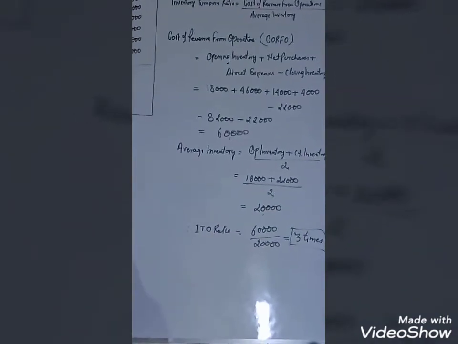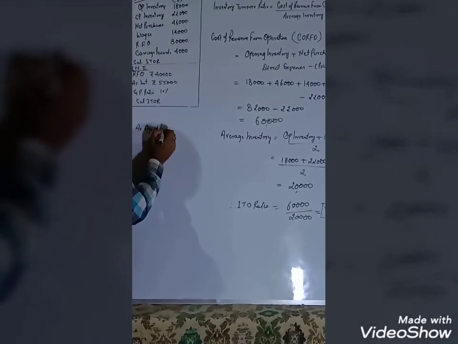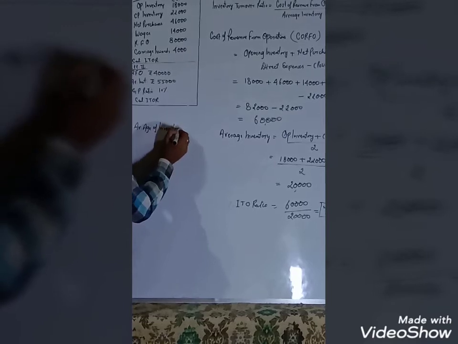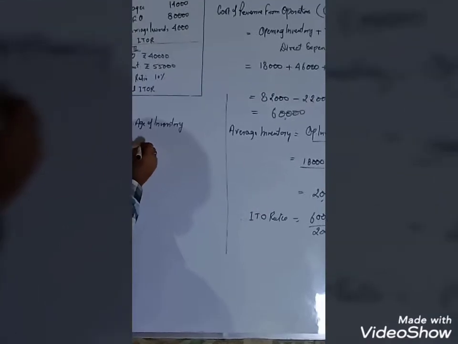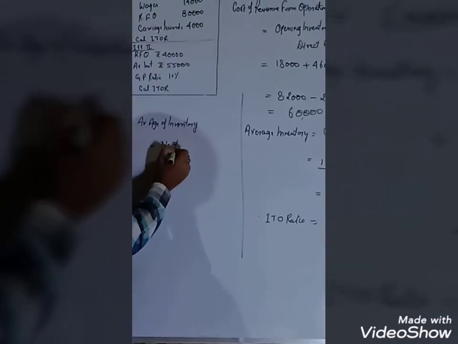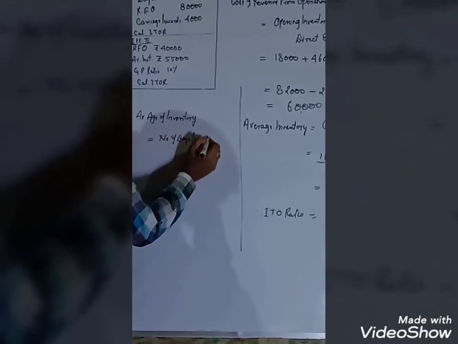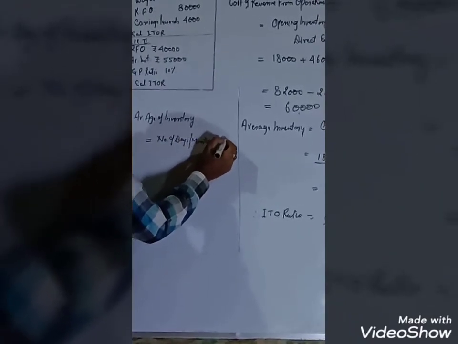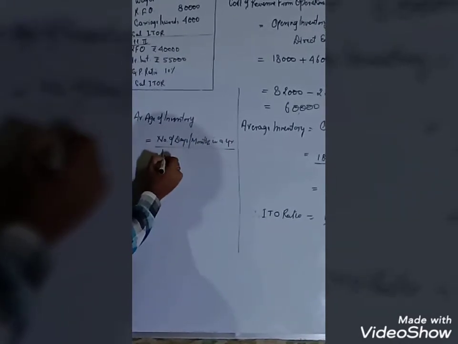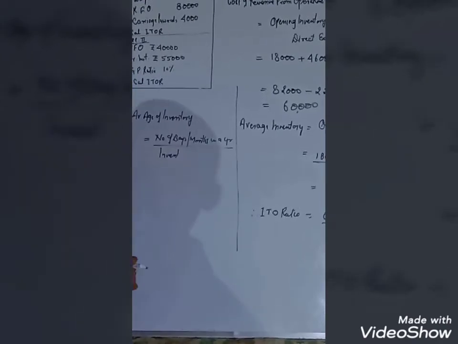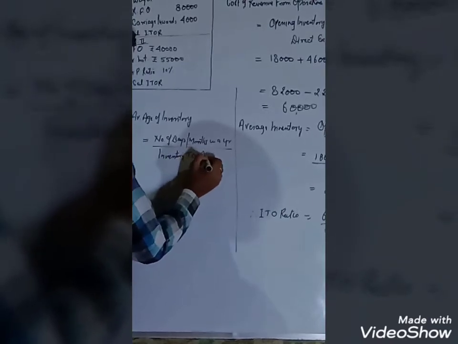For the calculation of average age of inventory, the formula is number of days or months in a year divided by inventory turnover ratio.